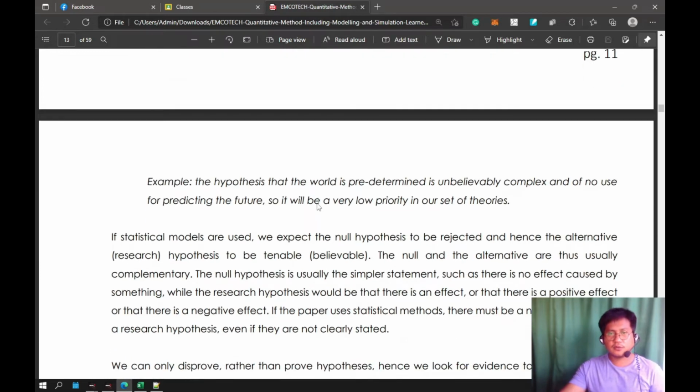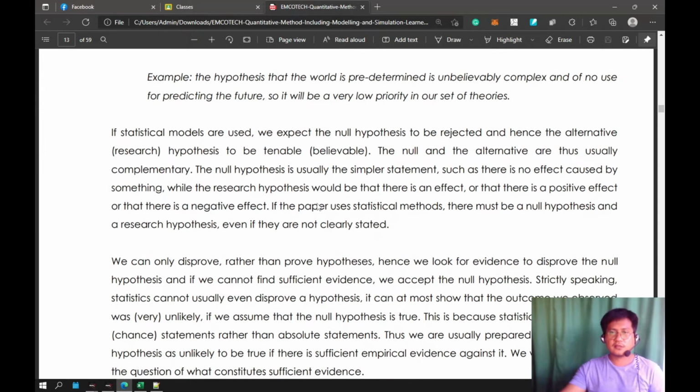Like for example, the book gives this example: the hypothesis that the world is predetermined is unbelievably complex and of no use for predicting the future.